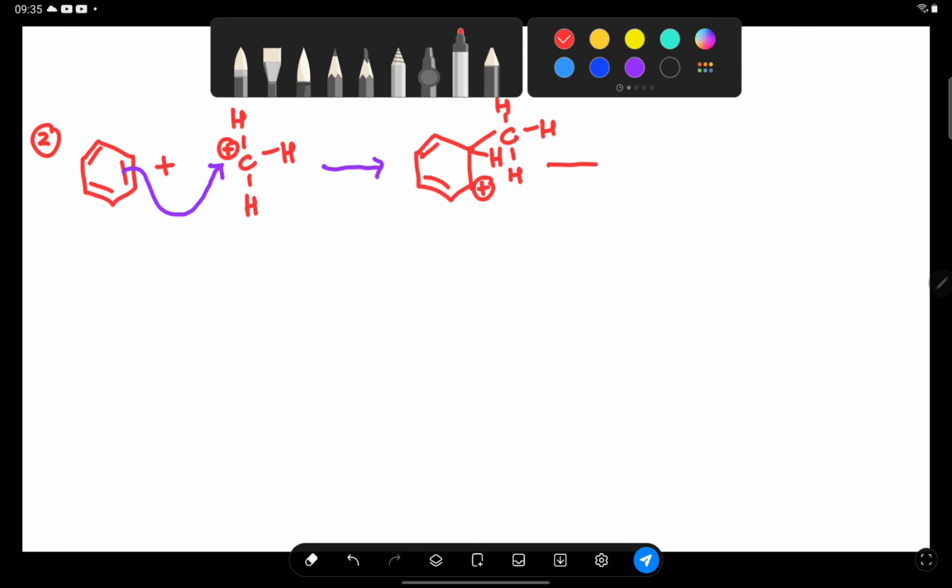Then for resonance structure, basically this electron can delocalize in this ring.